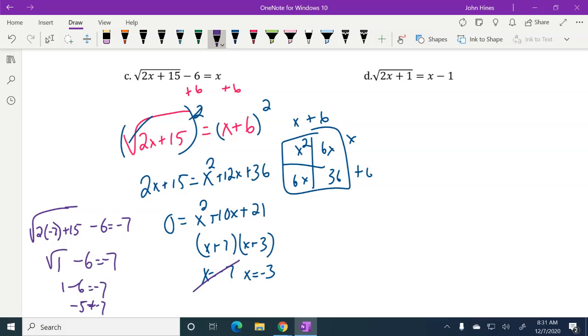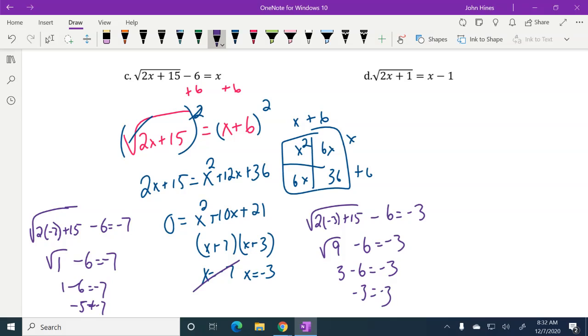That solution is extraneous. Take 2, here we go, hope for the best. 2 times -3 plus 15 minus 6 equals -3. 2 times -3 is -6, plus 15 is 9. 3 minus 6 equals -3, yes it does. So we actually have a solution here and x equals -3.